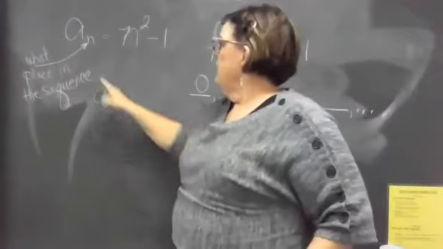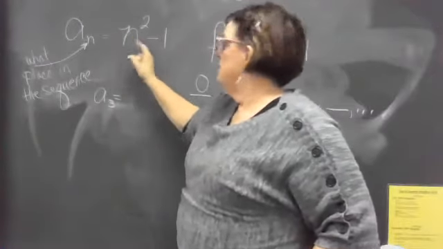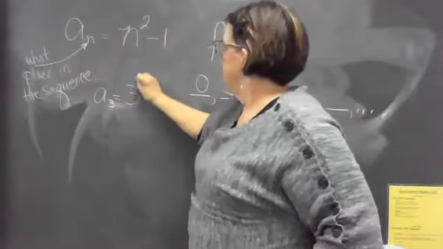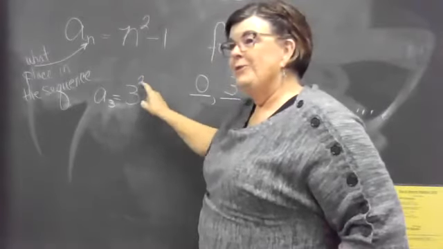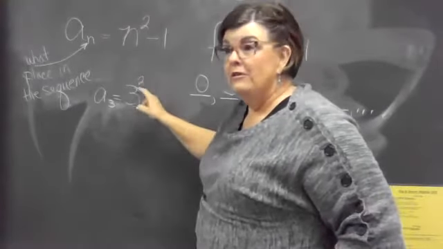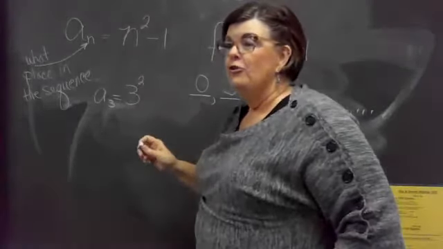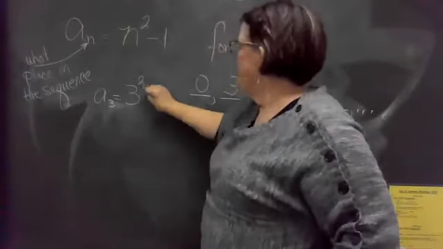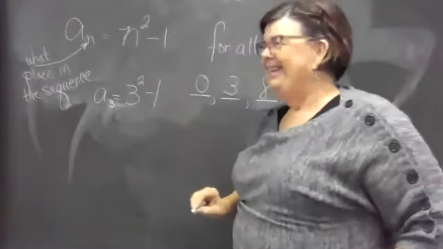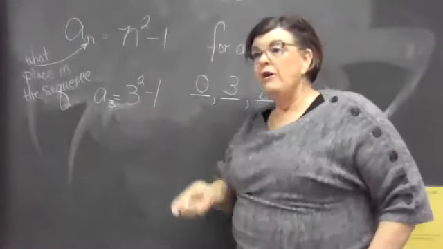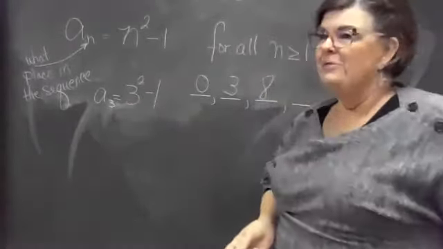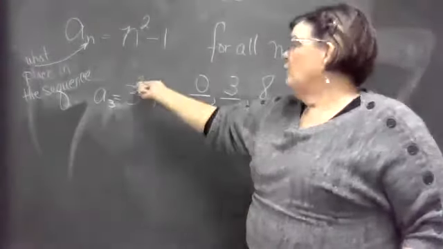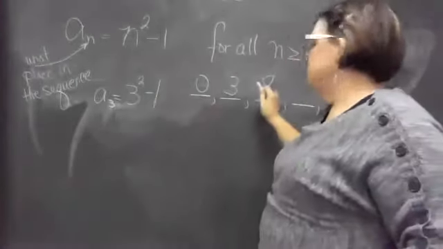If I want the third item, that means I put a 3 right here. What's 3 squared? 9. You were doing 3 times 2. 9 minus 1. You were doing 6, and that's where you got 5, and I knew that. I just had to keep asking you. 3 squared is 9 minus 1 is 8.